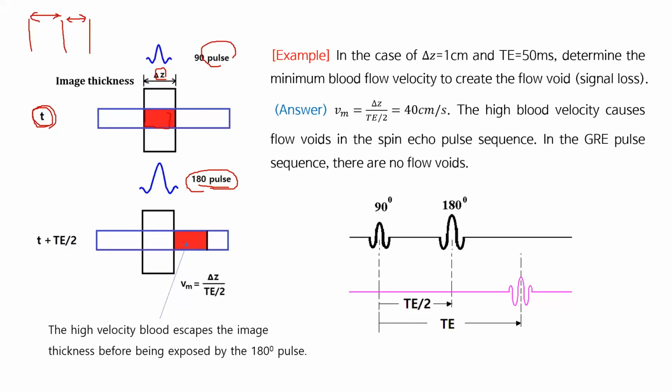After TE plus TE over 2, the blood inside at this moment escapes after TE over 2 time later, right? So this blood velocity is given by this relation.